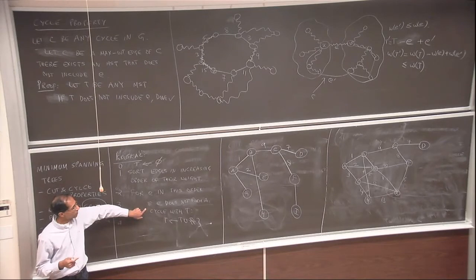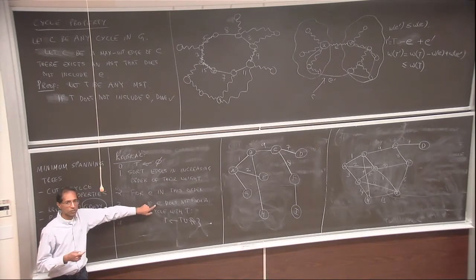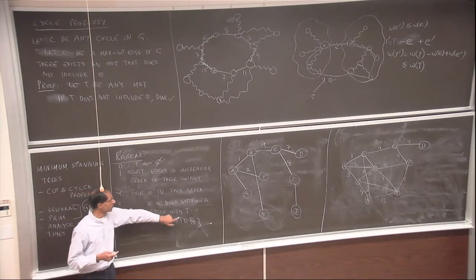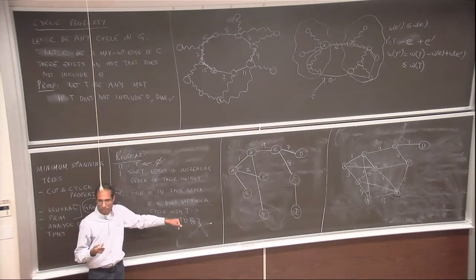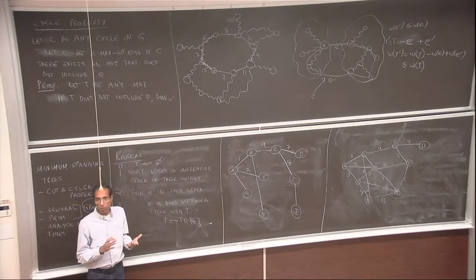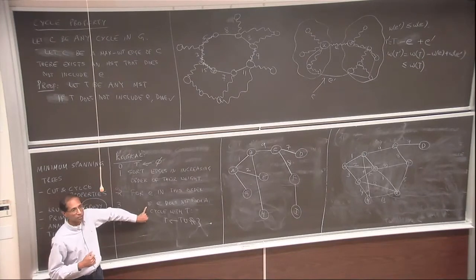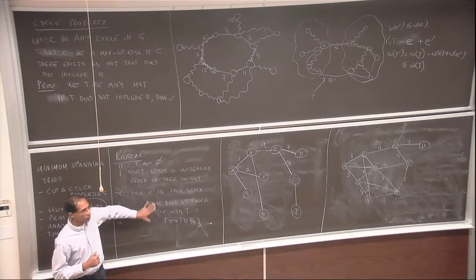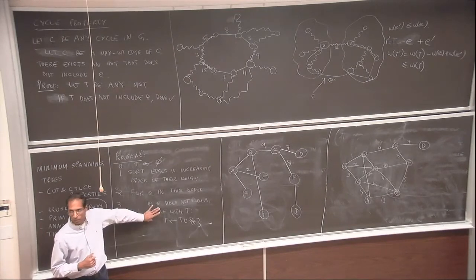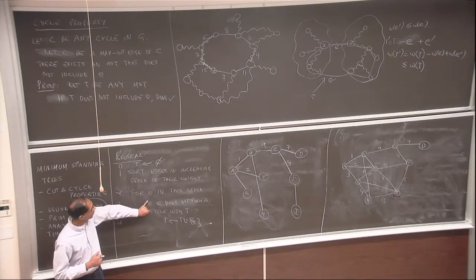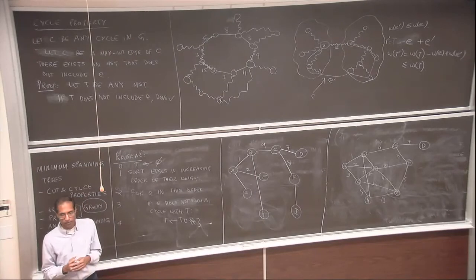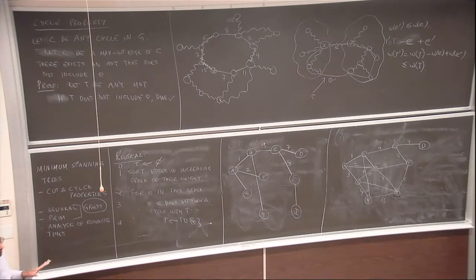You can just do a depth first search from one endpoint of e and see whether that reaches the other endpoint in T. If it does, then you don't include it. If it does not, then you go ahead and include it. But we will see that there are much better ways of doing it. For now, I'm going to leave it like this, and I'm not going to analyze the running time because we're going to look at a better way of implementing this. Any questions about this algorithm?